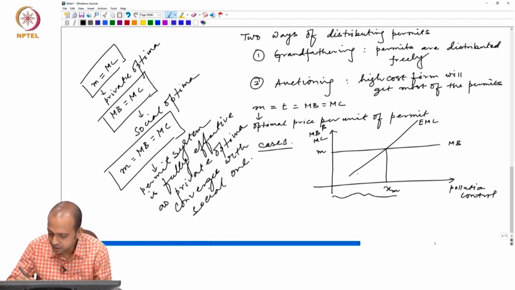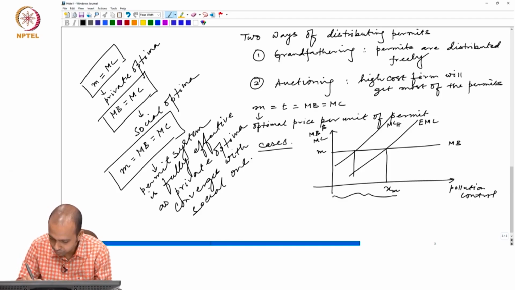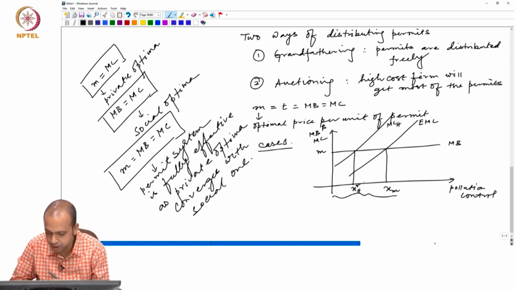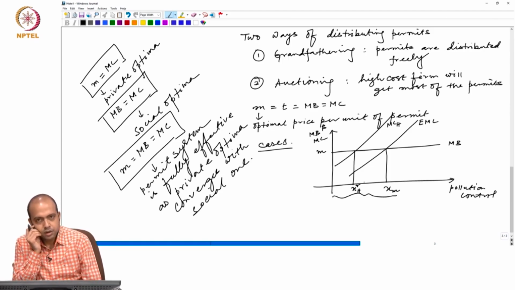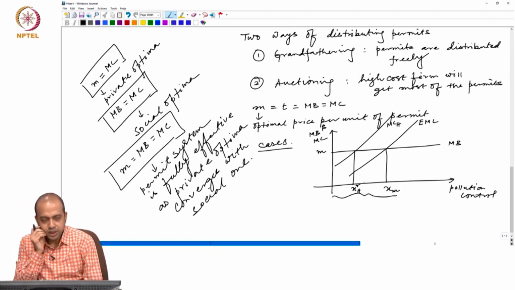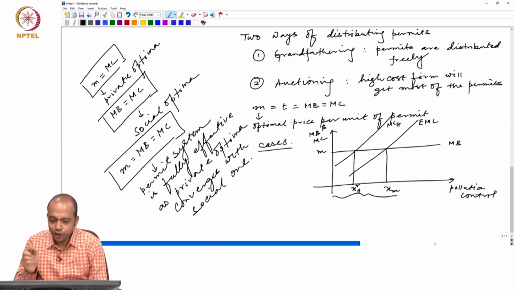Now, let us say that your actual marginal cost is higher than this. This is MCH. Let us say that this is XH star. Here the firm will equate the permit price with the marginal cost, and then decide the optimum level of pollution control.